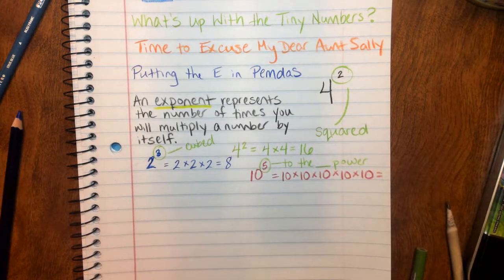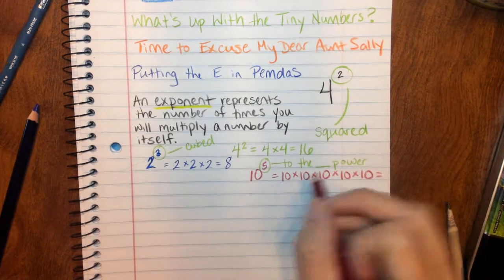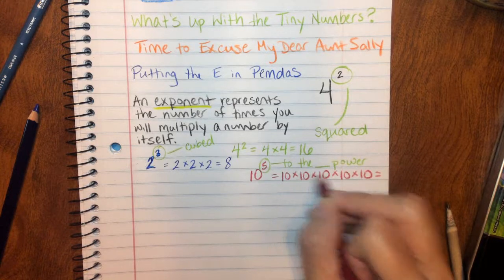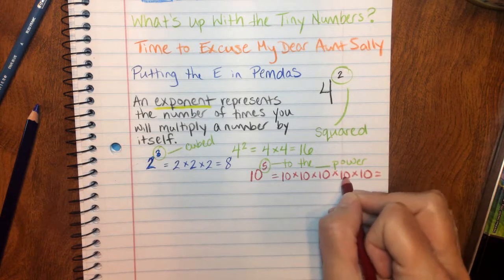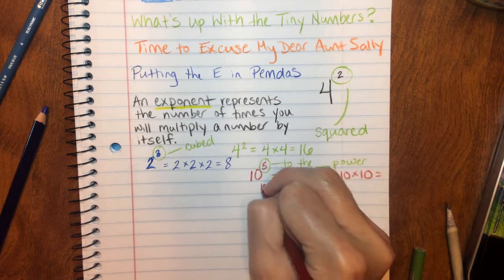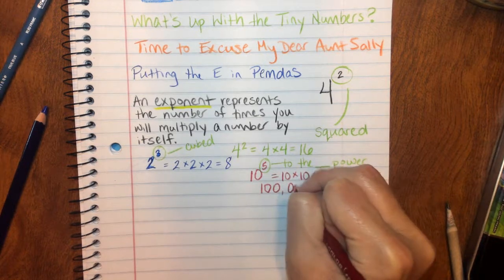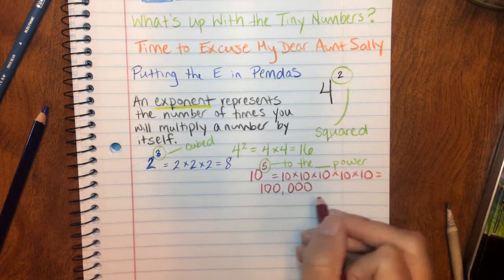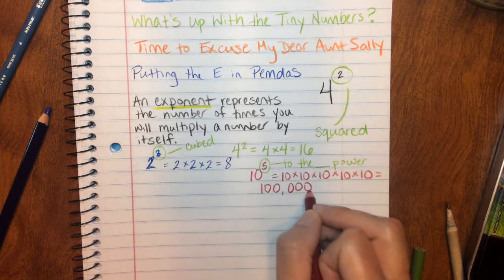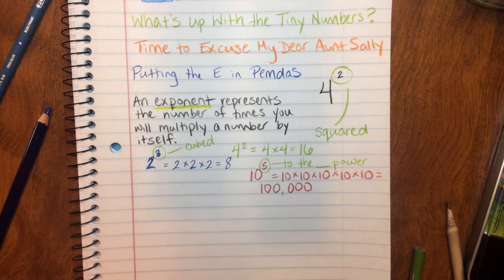Which looks like it's really difficult, but every time you multiply something by 10, you're just adding a 0. So 10 times 10 is 100, 1,000, 10,000, 100,000. And how many zeros are there in 100,000? 1, 2, 3, 4, 5. So 10 to the 5th power is a 1 followed by 5 zeros. Okay?